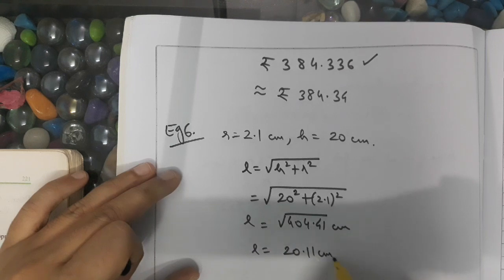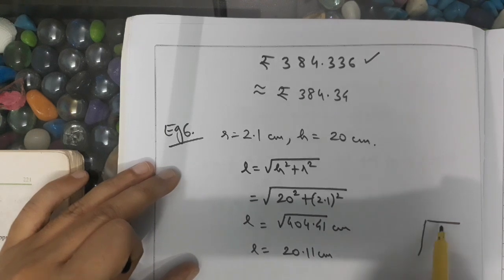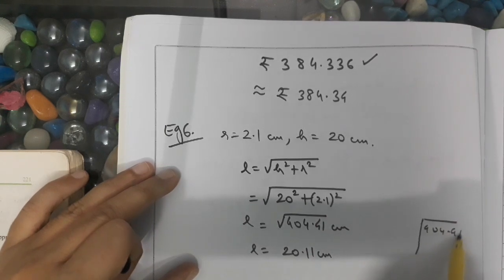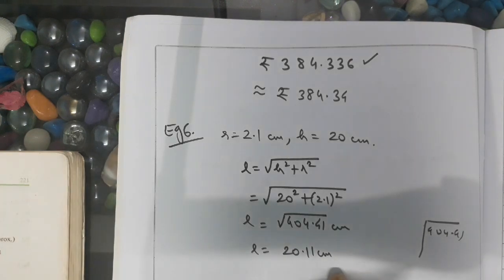And you calculate the square root of this. You have studied in class 8th by long division method. You find out the square root of 404.41. So L comes out to be 20.11 centimeters.